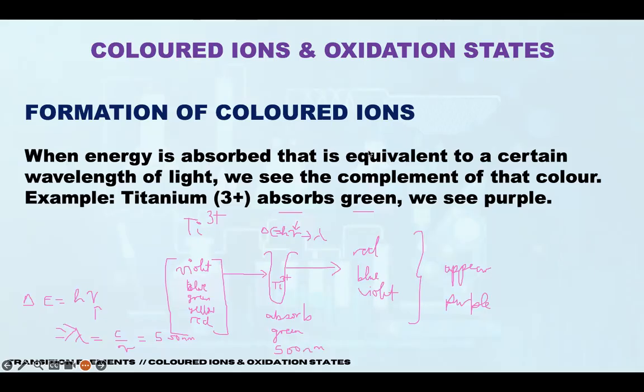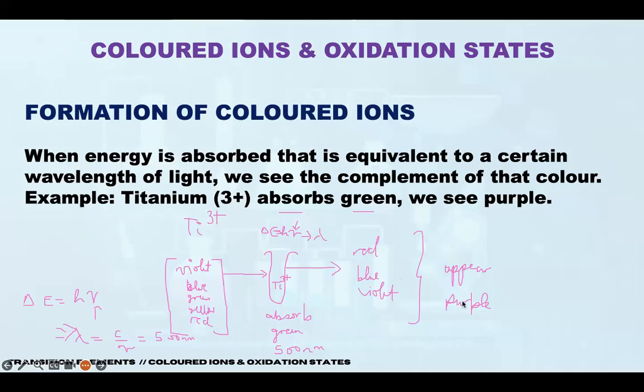So they're going to tell you what frequency it absorbs, and then you can go and be like, okay, that would correspond to a lambda of 500, which would be a green light, right? So it's going to absorb green, and all the others are going to pass through. So what I see would probably be purple, the complement of it, right? So look, this goes through, and then what's left is the red, blue, and violet. So when you look at that, that's going to look purple.